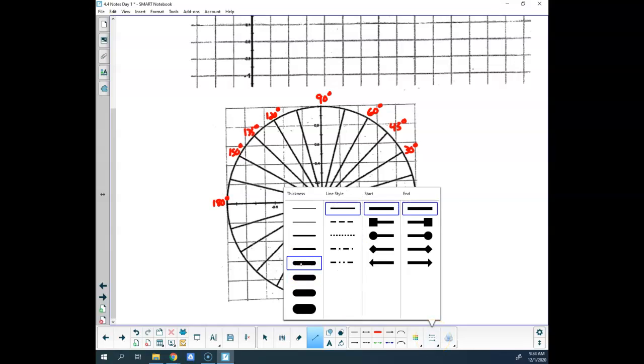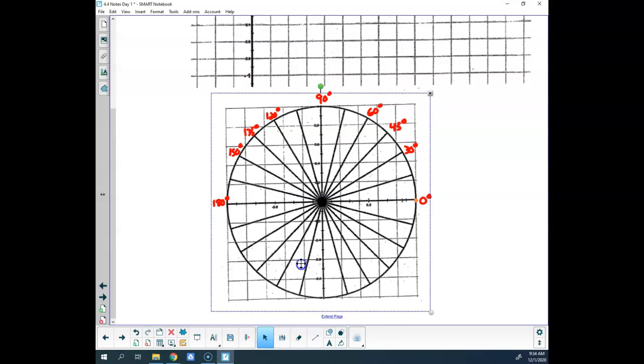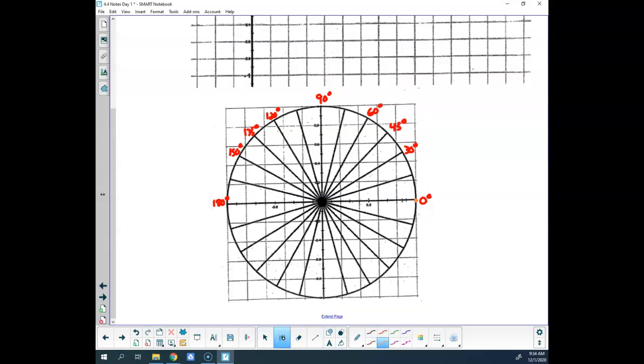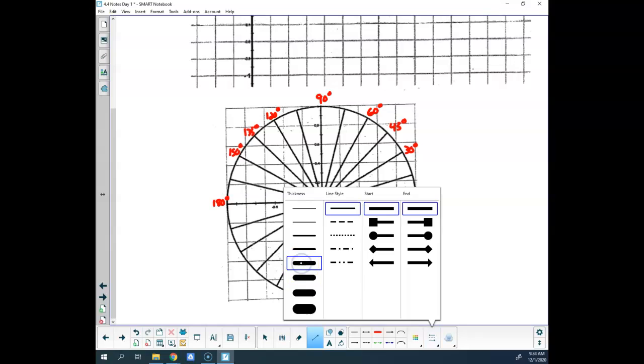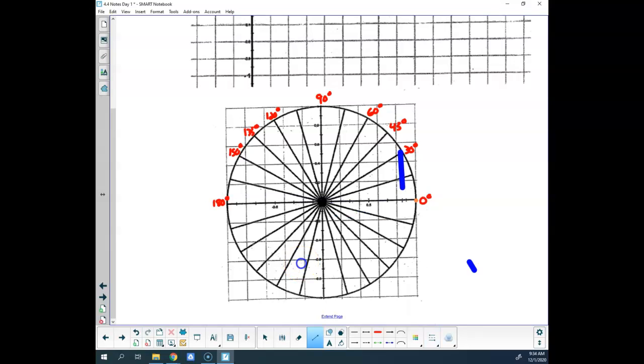And you're going to go up here to 30, and you're going to measure that vertical distance right there. Okay, so I measured that with my piece of spaghetti, and then I cracked it off. So you crack off your 30 degrees.